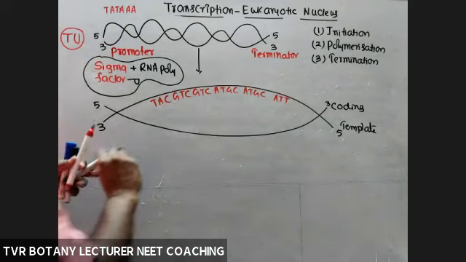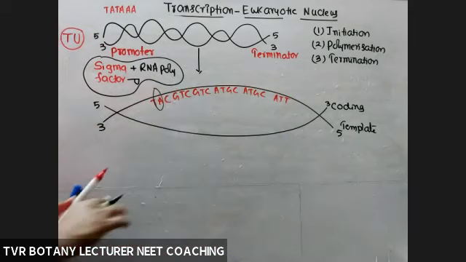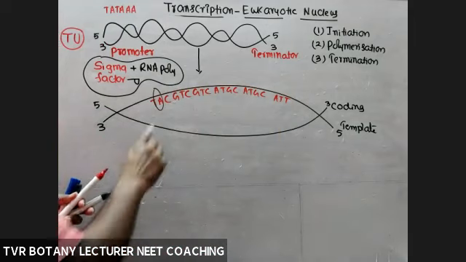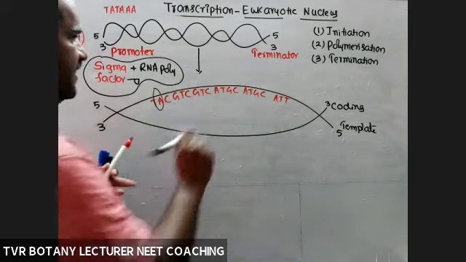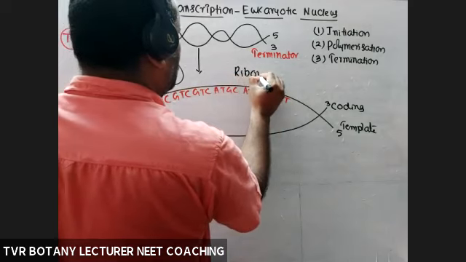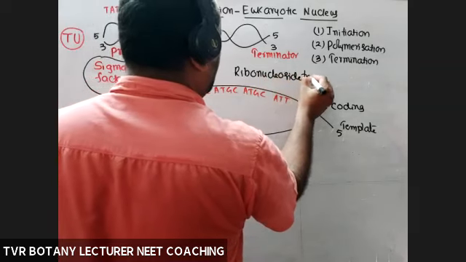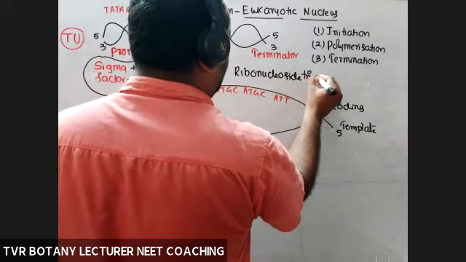Now RNA polymerase is here, bound. So here also, what type of nucleoside triphosphates are required? Here, ribonucleoside triphosphates are required.